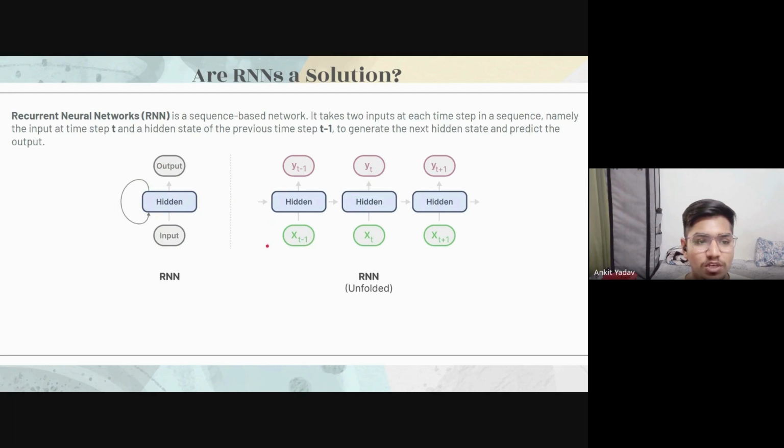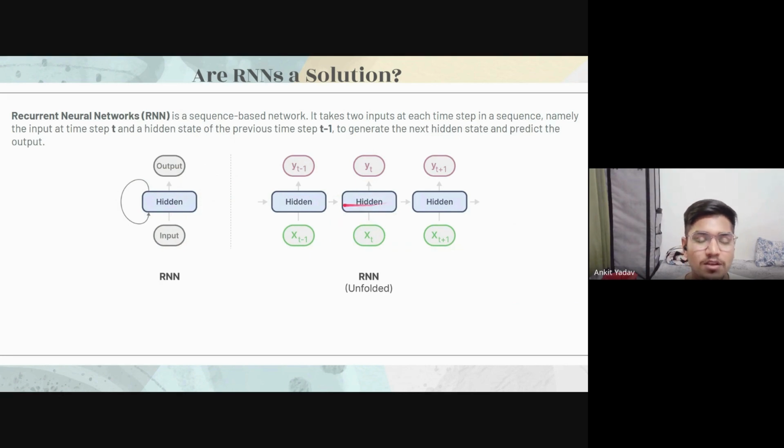If I look at it in an unfolded manner, if I am standing at timestamp t, I'll take input xt. I'll take the hidden state from t minus 1. With the hidden state of t minus 1 and the current input, I'll create a new hidden state and I'll produce a current output.